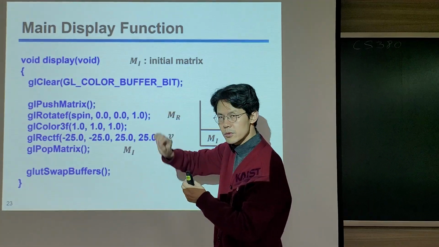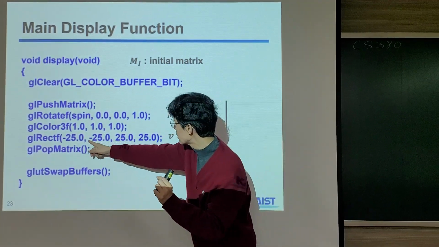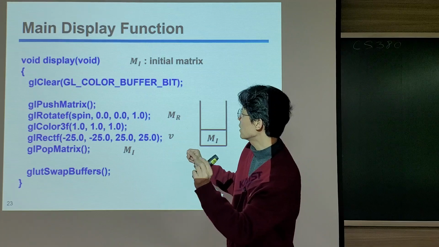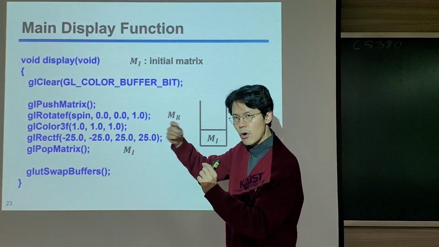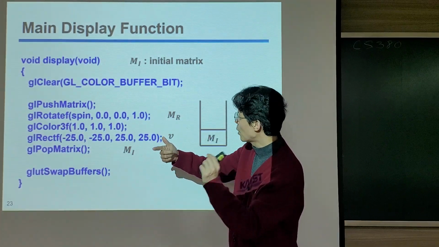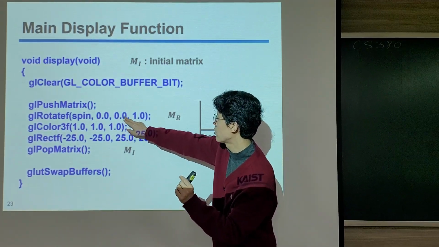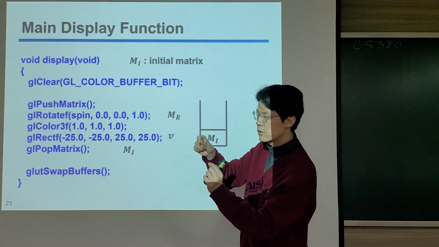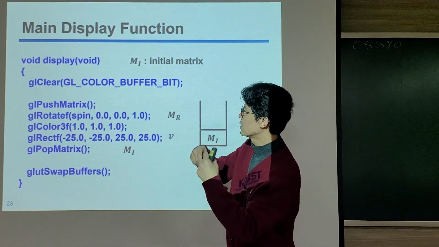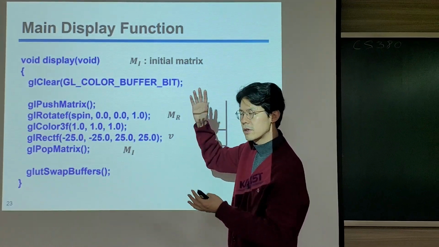Internally it creates some triangles and vertices. To draw these vertex triangles, we apply the current matrix, which is nothing but MR, this rotation matrix, to those vertices. Then we can see the rotating matrix.